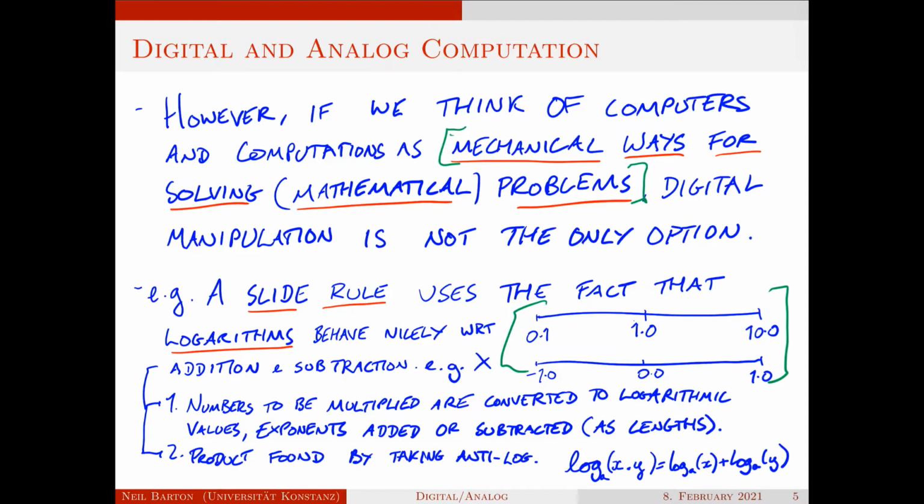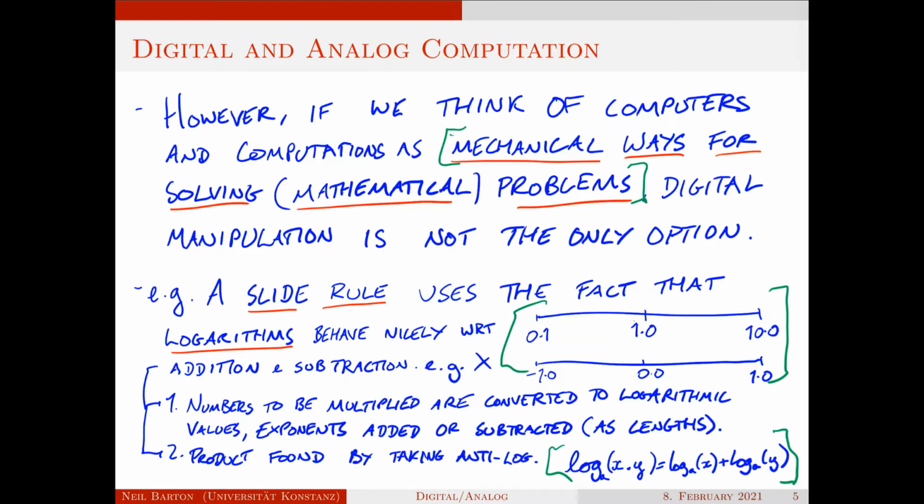So it's a simple example of multiplication. What you're doing by lining up different parts on the slide rule is you're effectively converting the numbers you want to multiply to logarithmic values, right? And then you can use the fact, to do with the mathematics of logarithms, for instance, that the log of the product is the same as the sum of the logs, right?